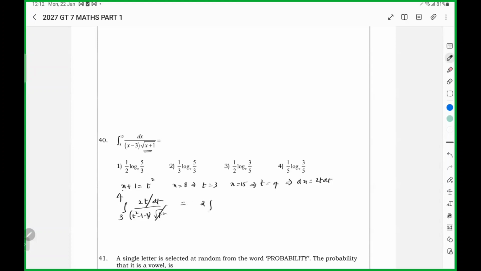So we get 2 times the integral from 3 to 4 of 1 by t square minus 3.